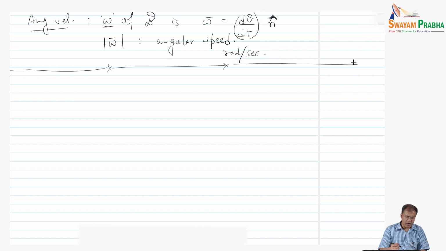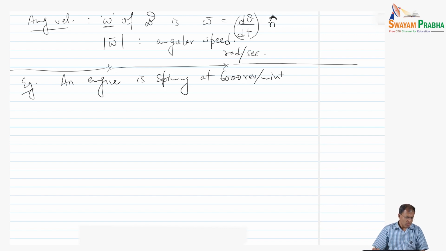So now let us look at a quick example. Suppose we have an engine which is spinning at 6,000 revs per minute. We need to express our angular speed in SI units, right? So that's a simple problem, but a problem to begin with.